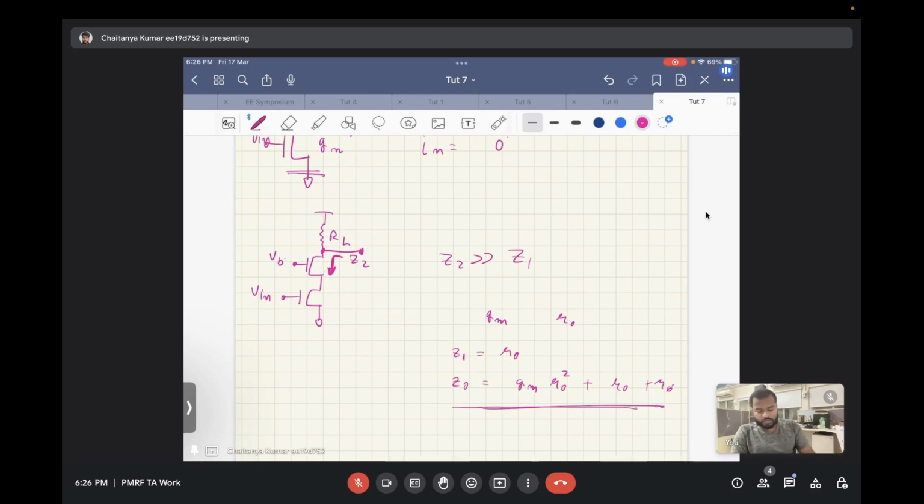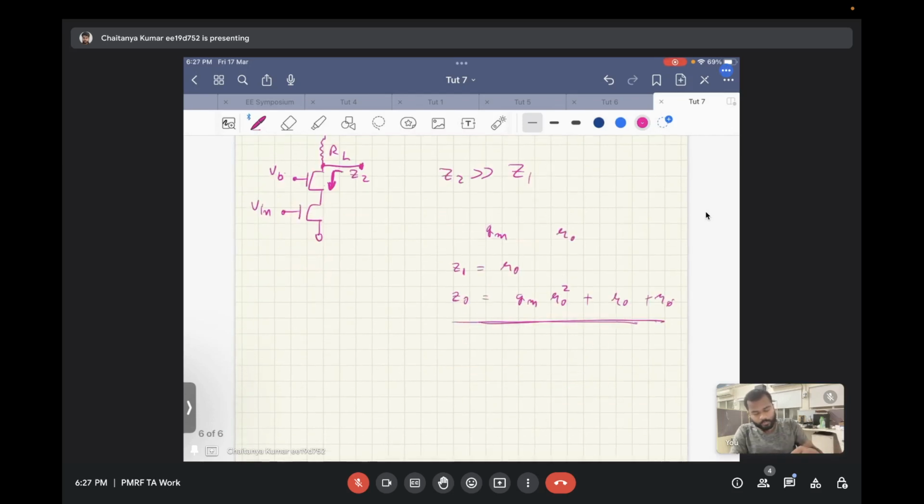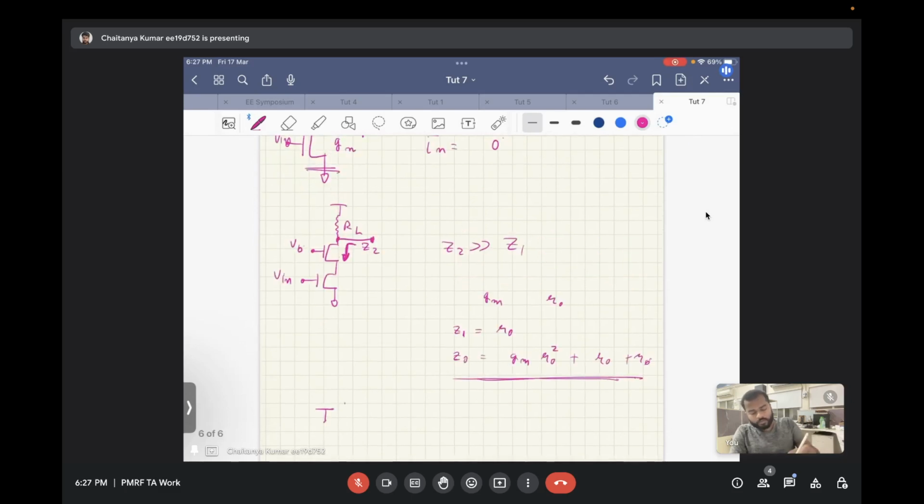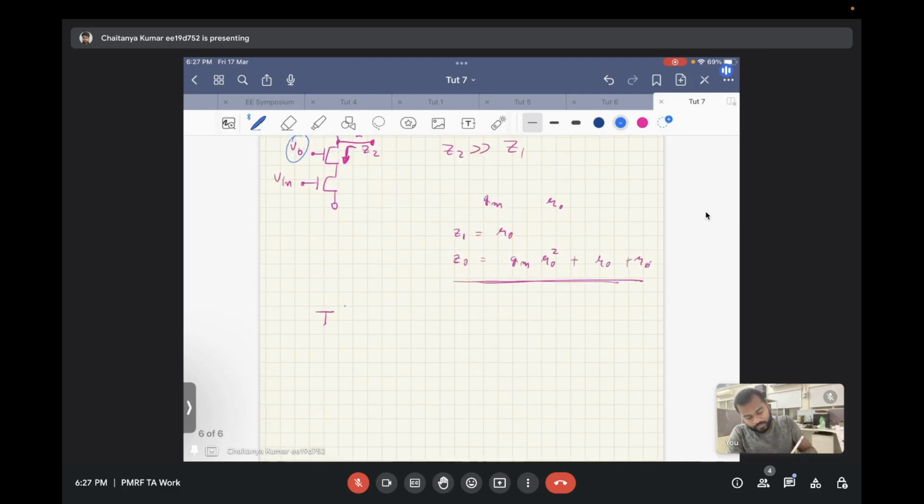So let's try to analyze the noise for this circuit. We will proceed in the same way. Now in the small signal case, this VDD and this VDD and this V bias will be AC grounds. These can be considered as ground while analyzing the small signal case.